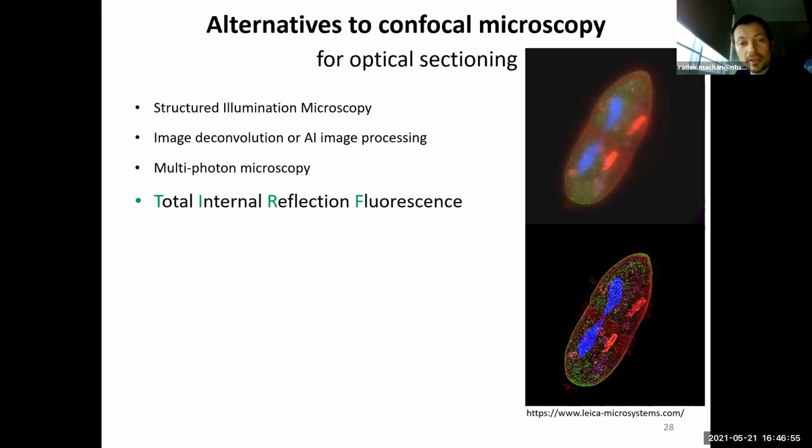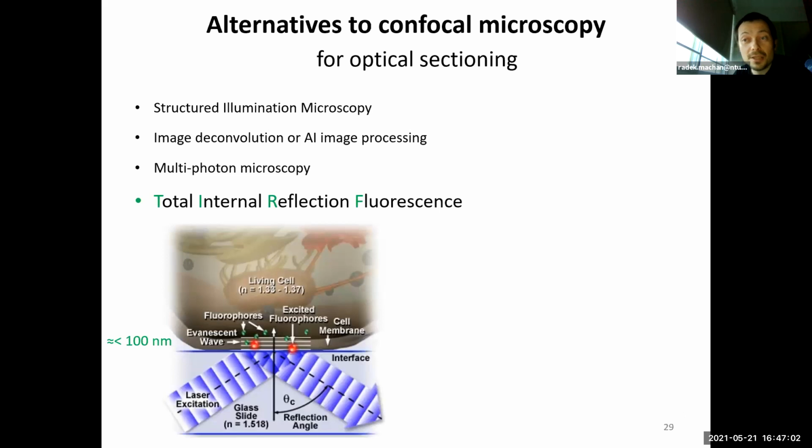Another approach is total internal reflection fluorescence, which is a form of sectioning, but I cannot do arbitrary sectioning. I'm only looking at a section which is close to an optical interface, that means close to the coverslip surface.